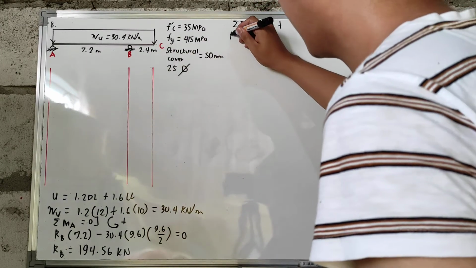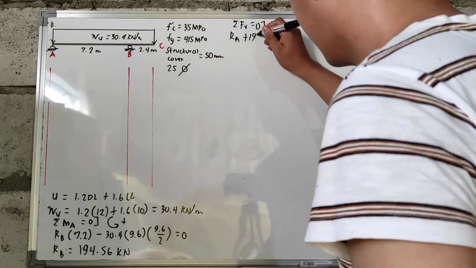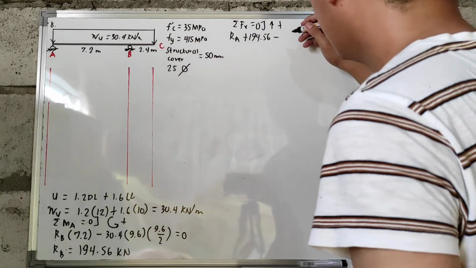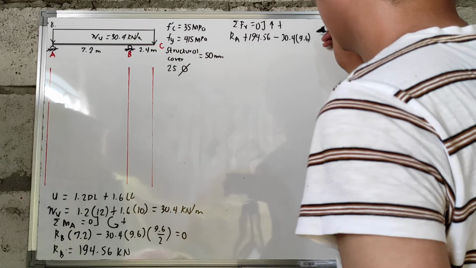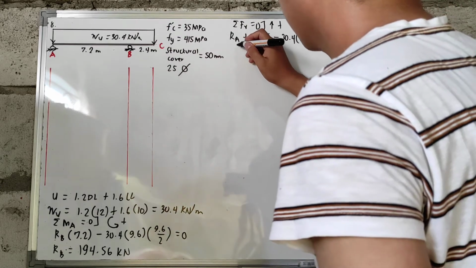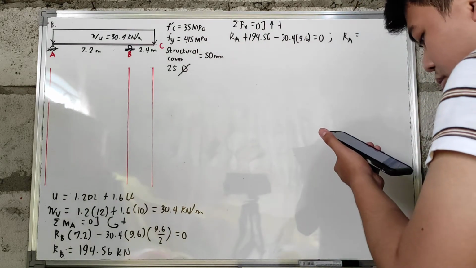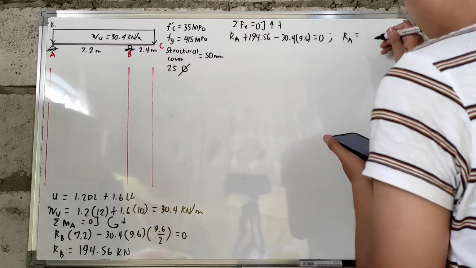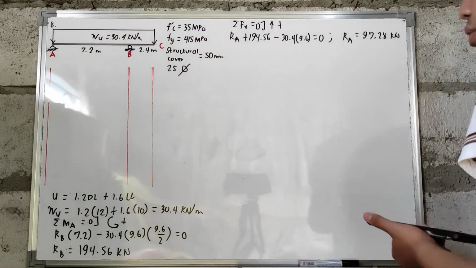And we're going to have summation forces, vertical is equal to 0, upward positive. So you have a reaction at A plus yung reaction natin sa B na 194.56 minus etong downward load natin na 30.4 multiplied by 9.6 is equal to 0. So yung reaction at A natin, that will be equal to 97.28 kilonewton.